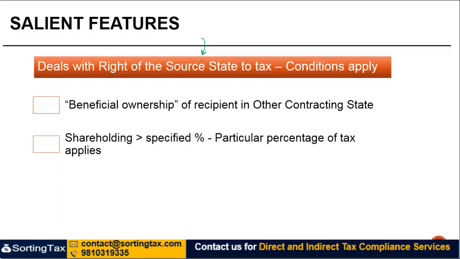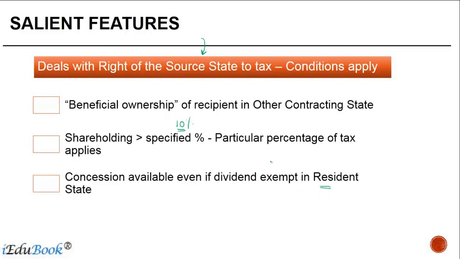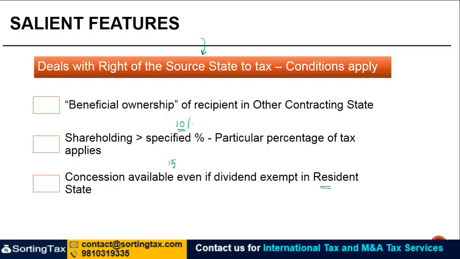If the shareholding is greater than specified percentage, which was 10% in this example, the reduced particular percentage of tax applies. Concession is available even if the dividend is exempt in the resident state, which means that if the rate of taxation is 15% for a beneficial owner, that 15% would continue to apply irrespective of the fact that in the state of residence this dividend is exempt from tax.